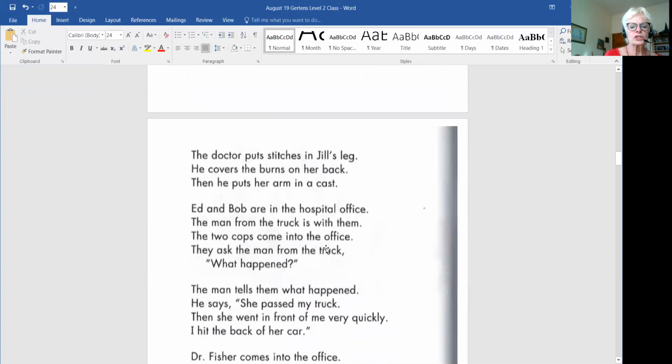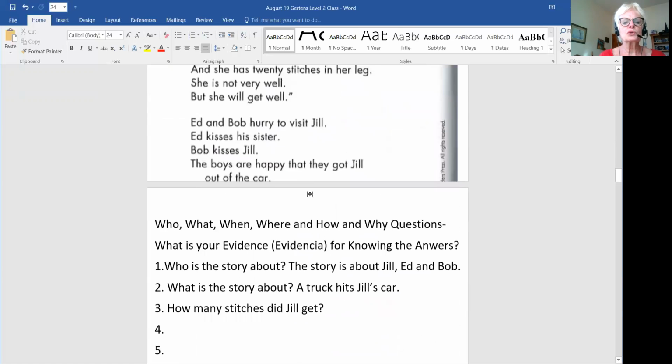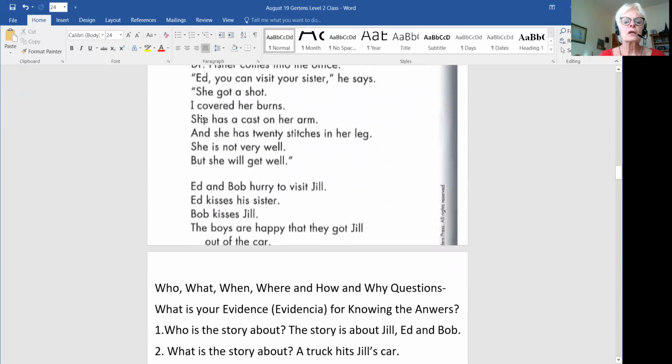And we'll do one more question together, even though we did more in class. How many stitches did Jill get? Well, to find our evidence of our answer, we go back and look in the story, and she has 20 stitches in her leg.